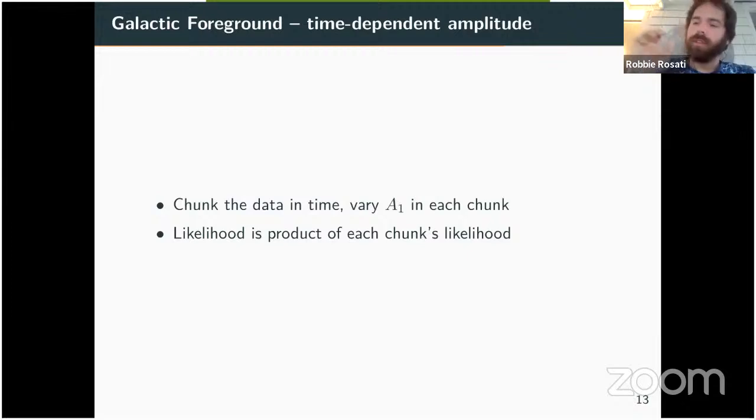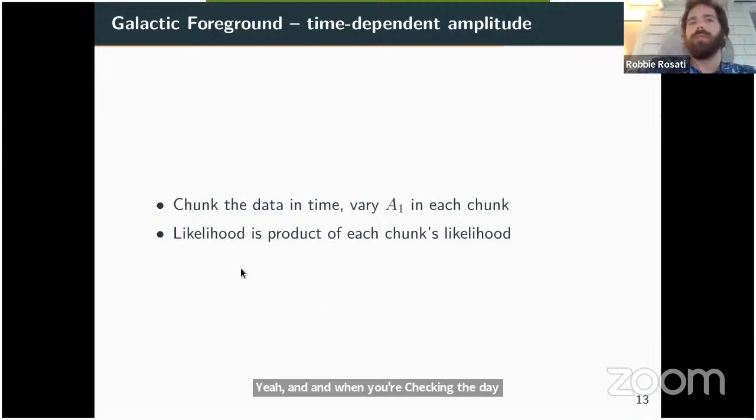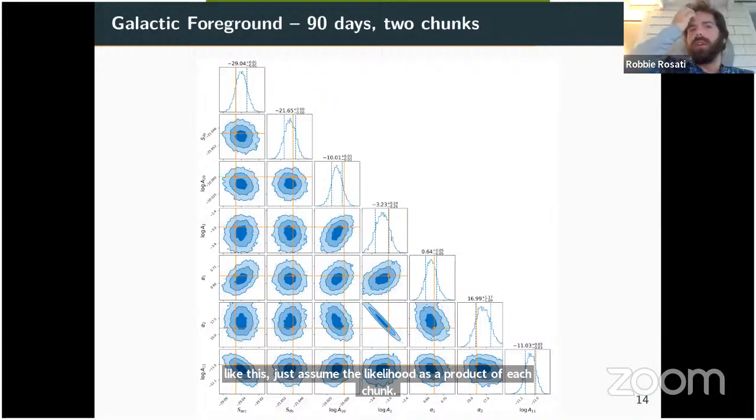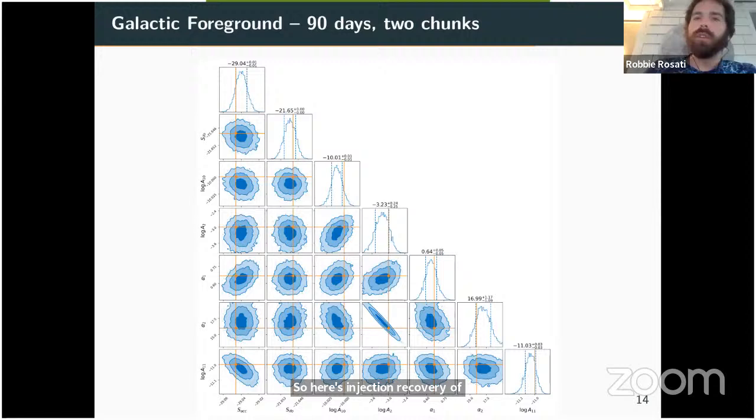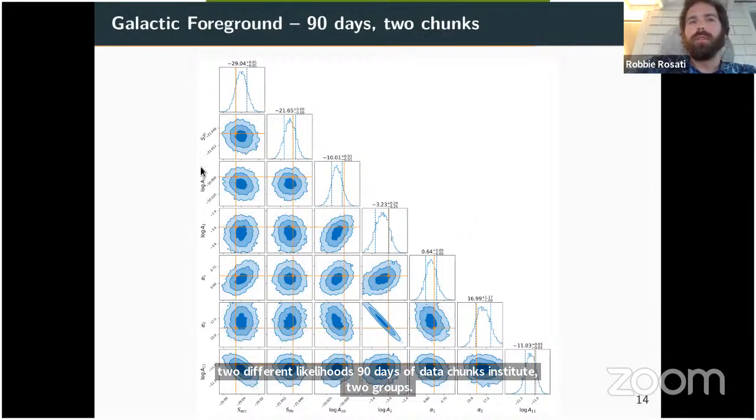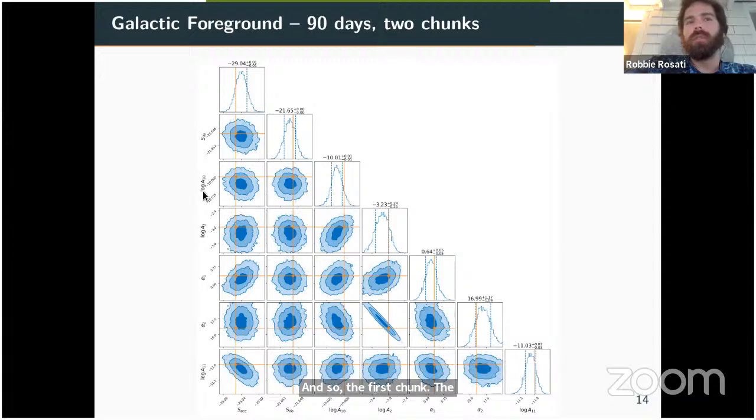And when you're chunking the data in time like this, you can just assume the likelihood is a product of each chunk's likelihood. So here's an injection and recovery of galactic background with two different likelihoods and 90 days of data chunked into two groups. The first chunk, the amplitude A1 was 10 to the minus 10.